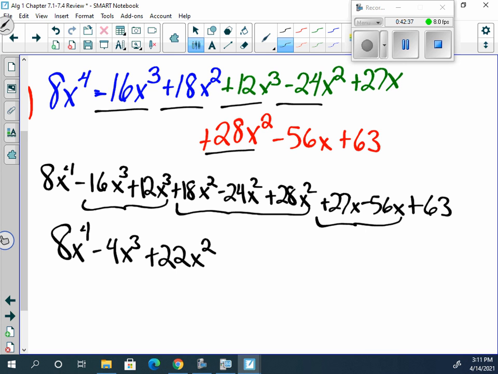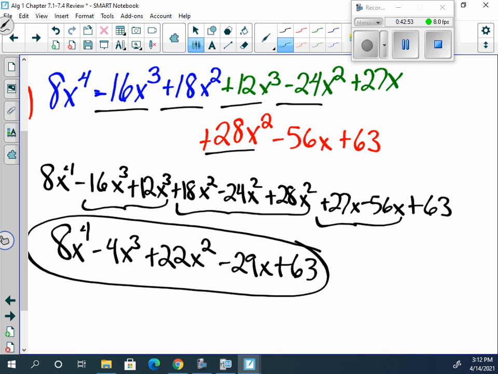And the last set of like terms that we have is 27x minus 56x, which would give us minus 29x plus 63. And this would be it here. And that's all we have to do for this problem.